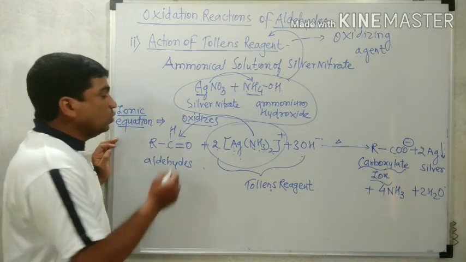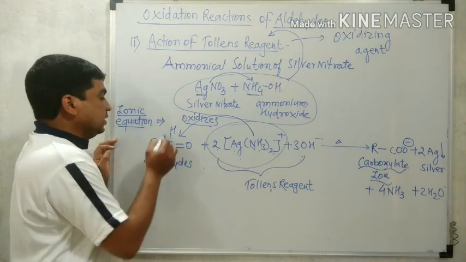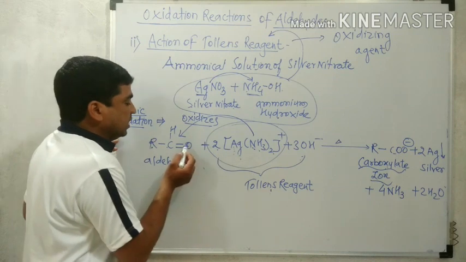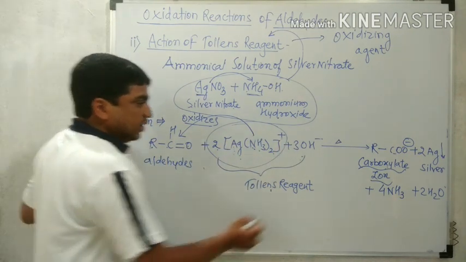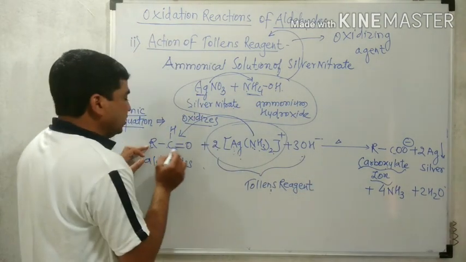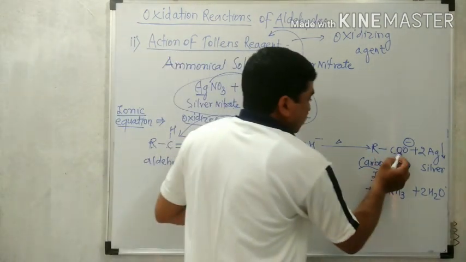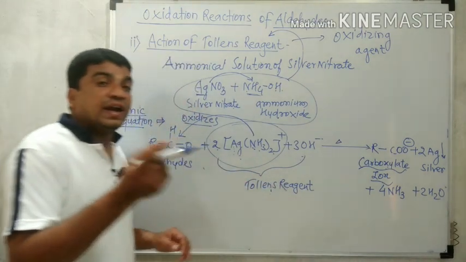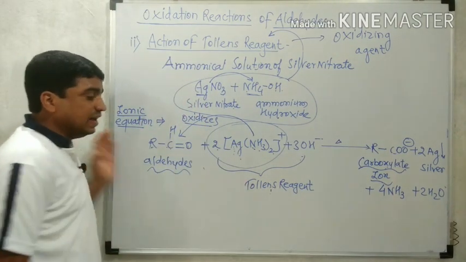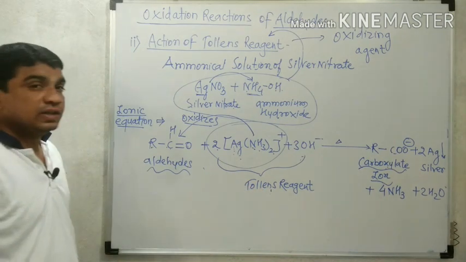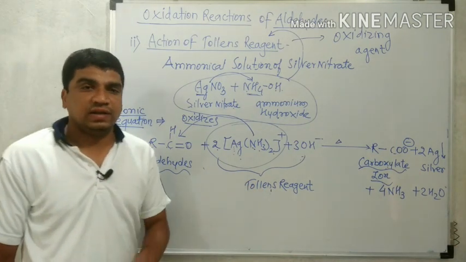Now how does the aldehyde oxidize? One oxygen atom from OH gets added to the aldehyde, therefore RCOO minus. It means the addition of one oxygen atom takes place in the structure of aldehyde from the Tollens reagent. Addition of oxygen is oxidation.